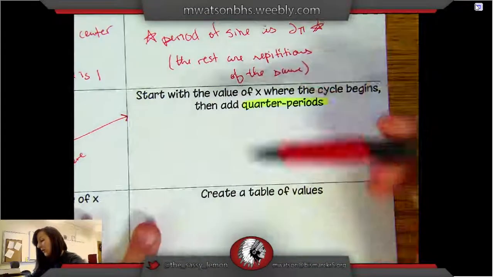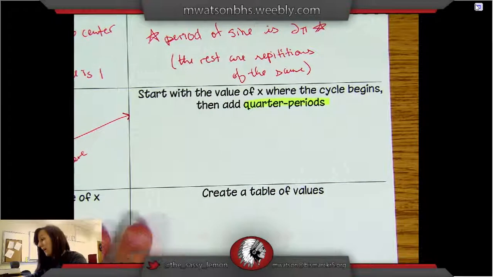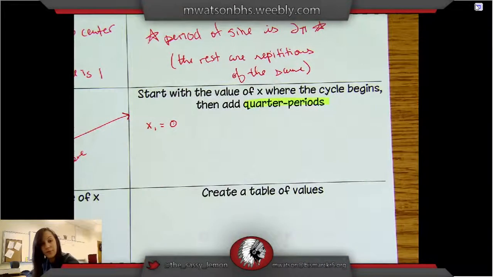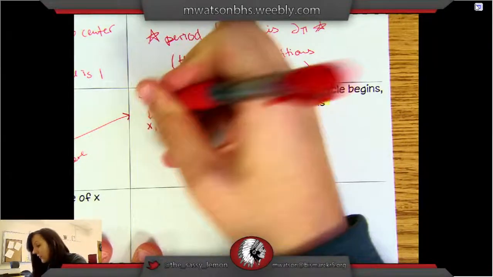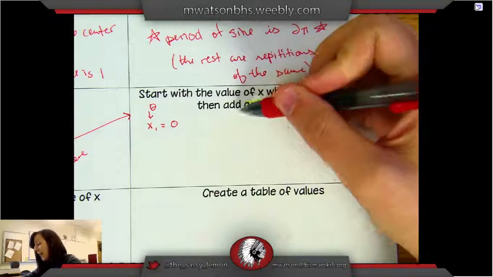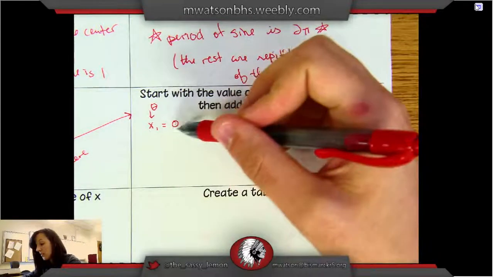Alright, so we're going to start with the x value where the cycle begins. Our first x value is just going to be 0. We're just going to start at an input value of 0. I guess we should technically be calling x values our theta, since this is the angle measure we're putting in. So first we're just going to put in 0 radians. Then we're going to add quarter periods to the value we just started with.